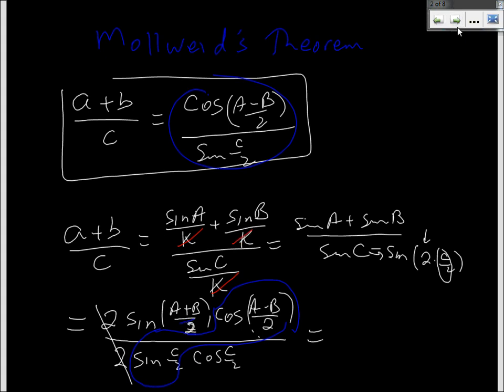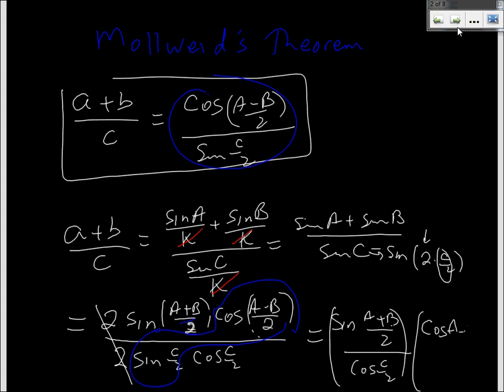So what we have right now is the sine of (A plus B) over 2 all over the cosine of C over 2 times exactly what we want. That means that other piece has to be 1. The left bracket has to be 1.